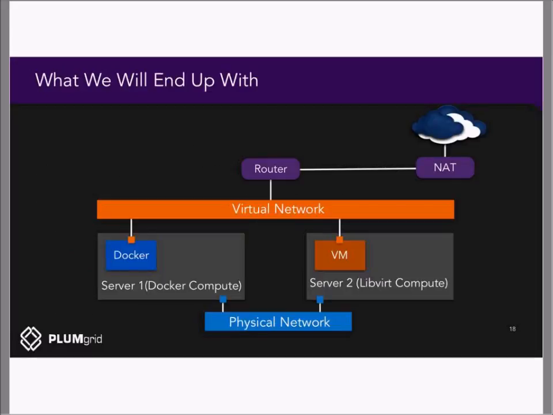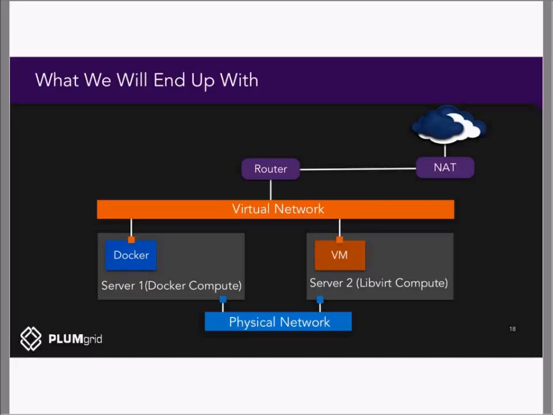What we will have in the setup is two physical servers. One server will be running libvirt compute. The other server will be running Docker compute. Let's say server 1 is running Docker compute with a Docker container, and server 2 is running libvirt compute with a VM. In the physical view, at the bottom of these servers, you have a physical network, something like a top-of-the-rack switch, where all of this communication happens through one NIC between these two servers.